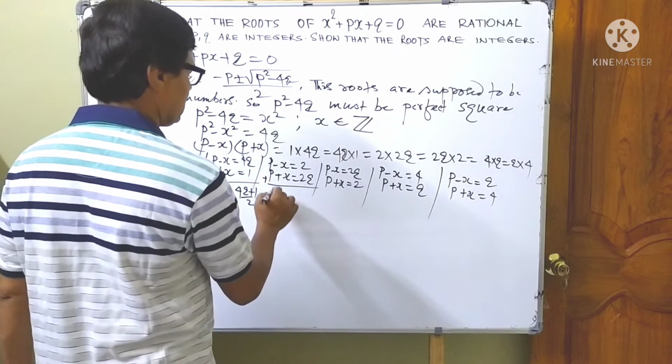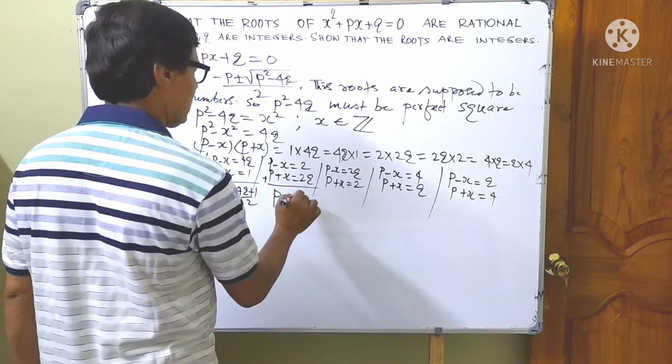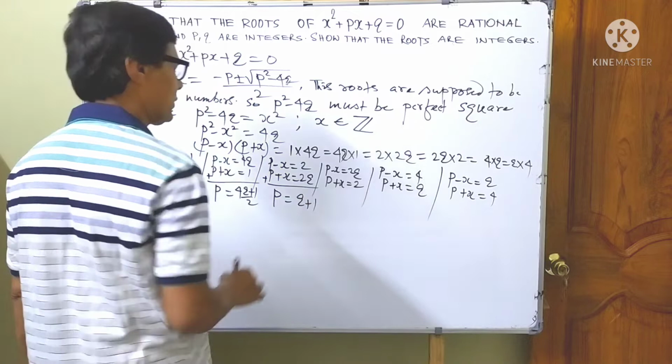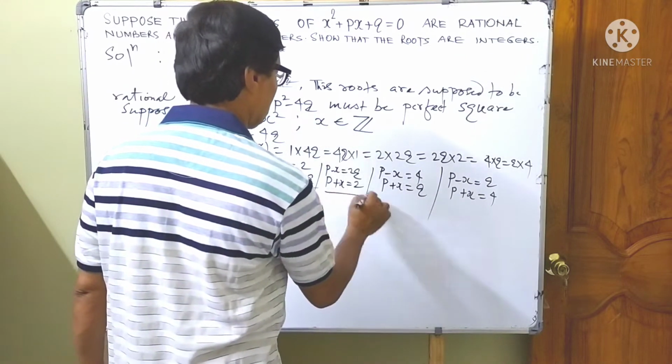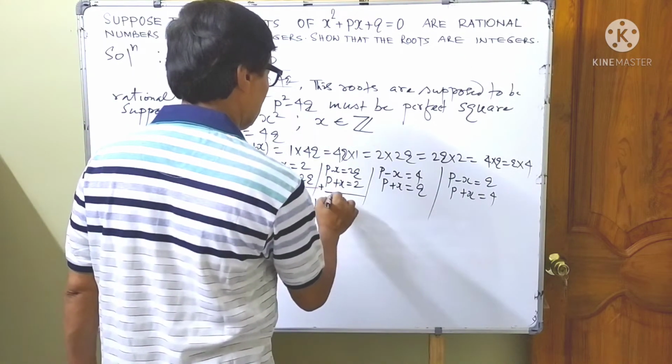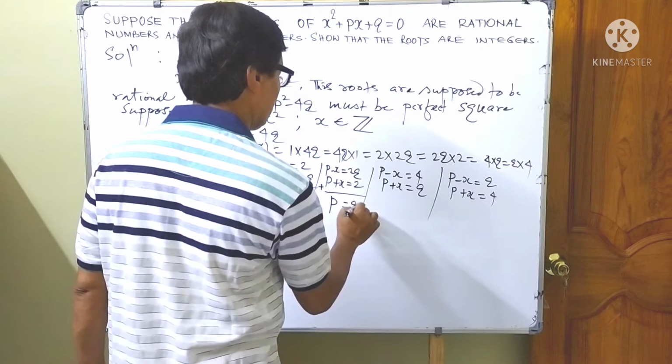By adding the other two equations we get p equal to q plus 1, and we can get the same value of p, that is p equal to q plus 1.